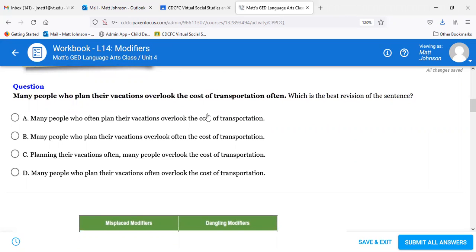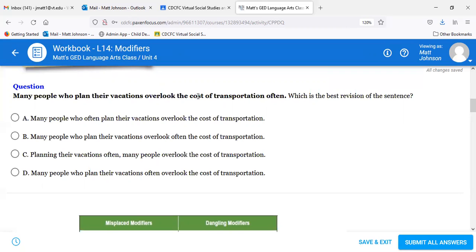So our choices are A, many people who often plan their vacations overlook the cost of transportation. B, many people who plan their vacations overlook often the cost of transportation. C, planning their vacations often, many people overlook the cost of transportation. Or D, many people who plan their vacations often overlook the cost of transportation.